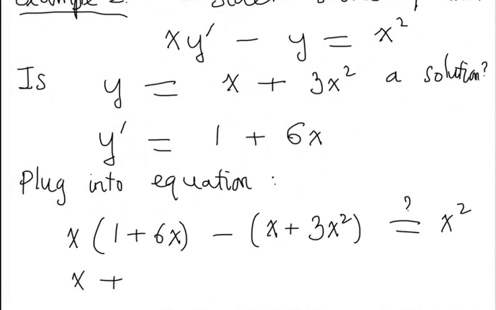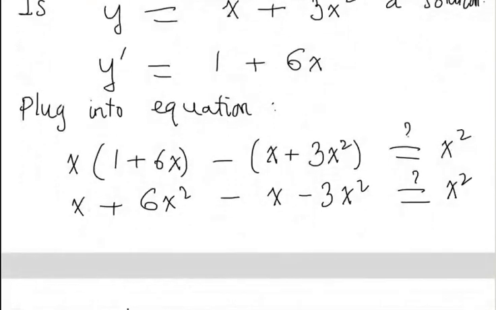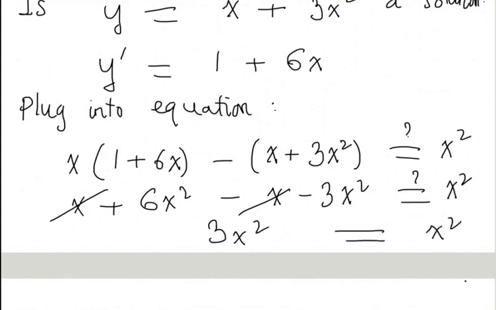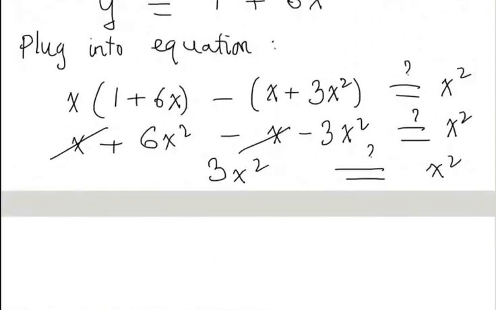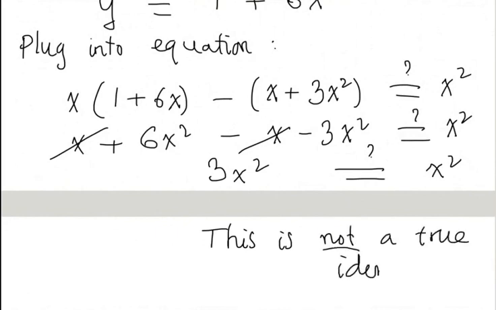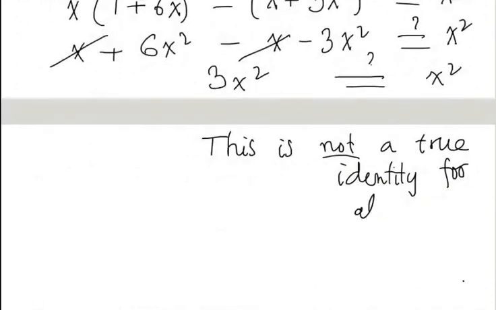Distributing, x plus 6x squared minus x minus 3x squared is the same as x squared. And we have to simplify by combining like terms. We have on the left side 3x squared equals the right side x squared. This is not a true identity for all x.